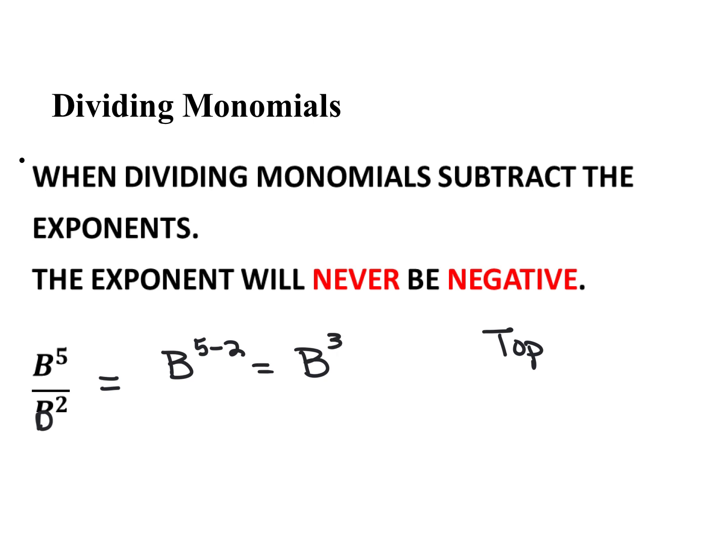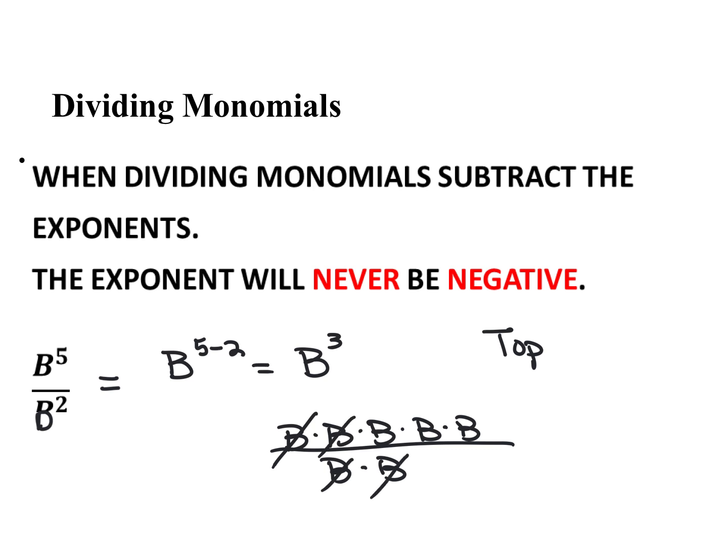This is like if we had b to the 5th would be b times b times b times b times b, 5 b's multiplied together, divided by 2 b's, and I would cancel anything in common. I have b's top and bottom. I have another b top and bottom.